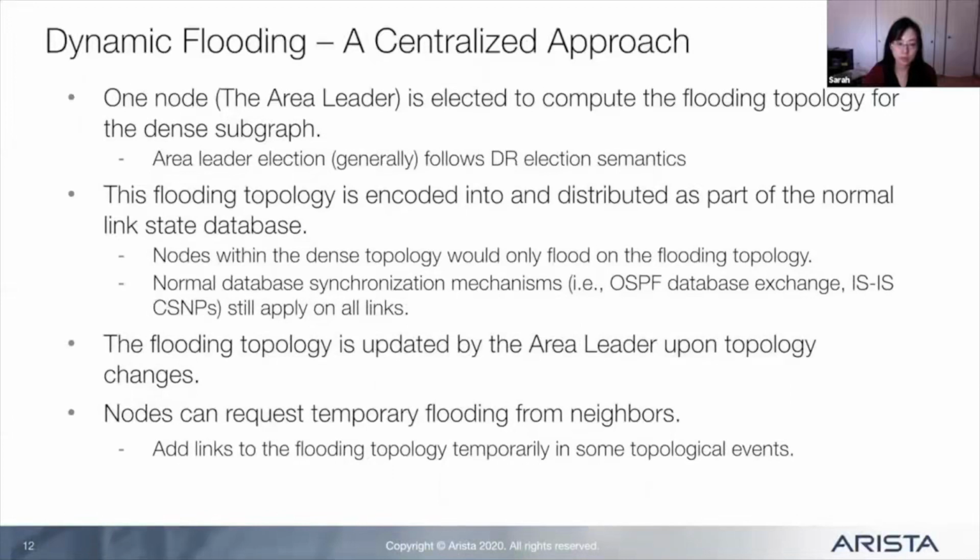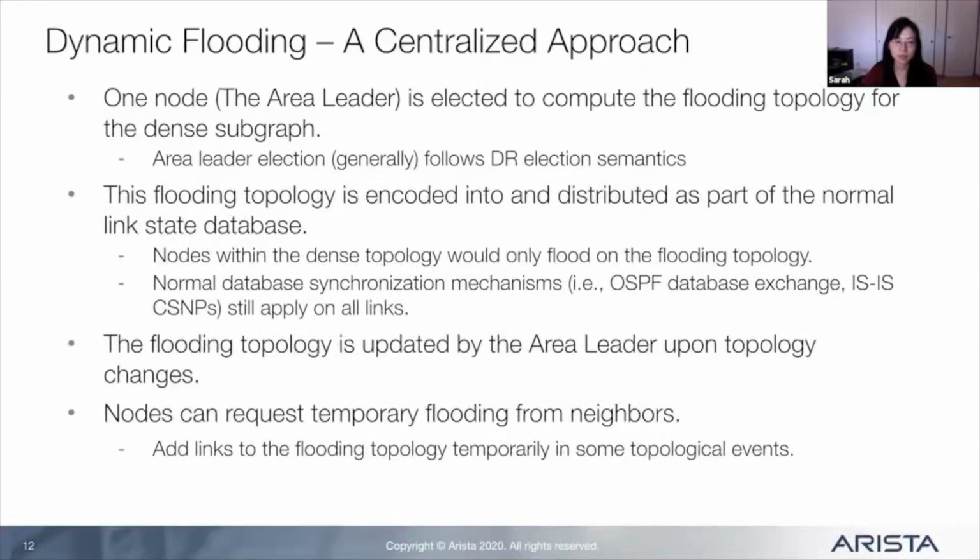To deploy dynamic flooding, we take a centralized approach. First, we select an area leader in the area. We can use the DR election mechanism to elect the area leader. The responsibility of this area leader is to compute the flooding topology from the physical topology for the entire area.